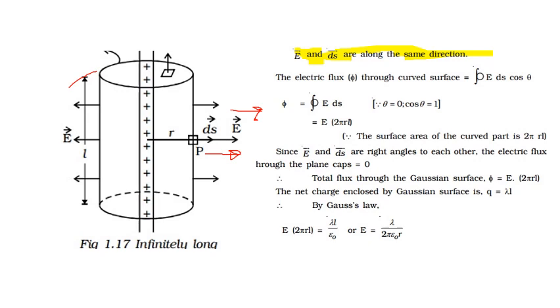When the area element and electric field are given, and the angle between them is theta, then electric flux can be calculated as E dA cos theta, or E dot dA. In our case, both are parallel. Since both are parallel, theta will be 0 and the expression reduces to E dS.